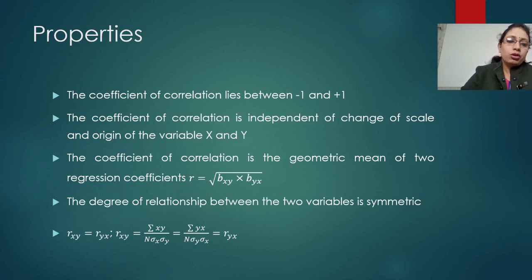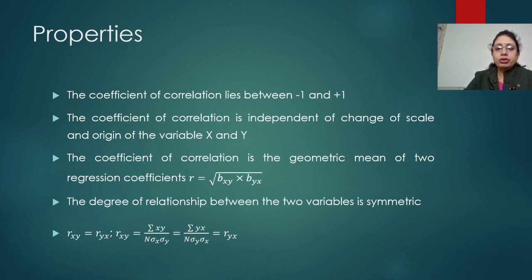We also discussed the four important properties of correlation coefficient. First, the coefficient of correlation lies between -1 and +1. That means the value of correlation coefficient lies between -1 to +1.